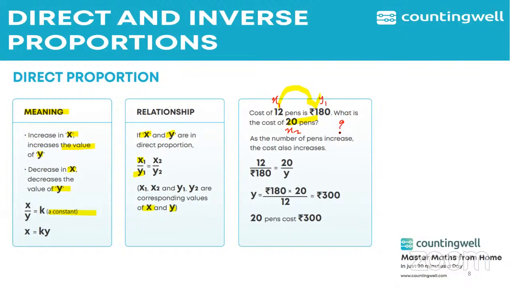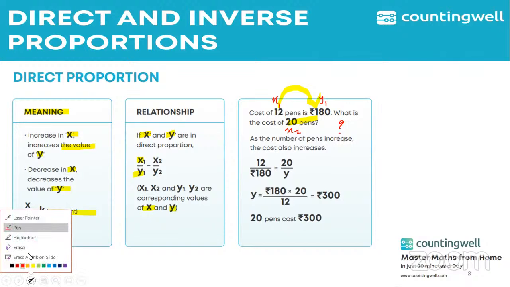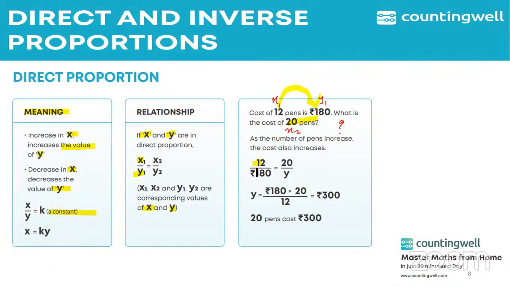So y2 is unknown here. So here you can see we have 12 upon rupees 180 equals 20 upon y. Here you can see x1 and x2 are the values of x. So here x is nothing but the number of pens, y is nothing but the cost of pens.